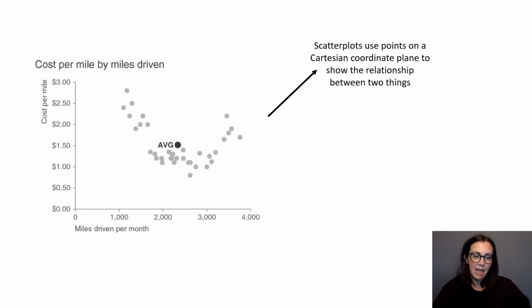So if you had a driver who drives 1,000 miles per month and it costs them $250, if you go over to 1,000 on the x-axis and then up to 250, there's a dot there representing that driver. And then you do that for all of your drivers and you can see the relationship between two variables.